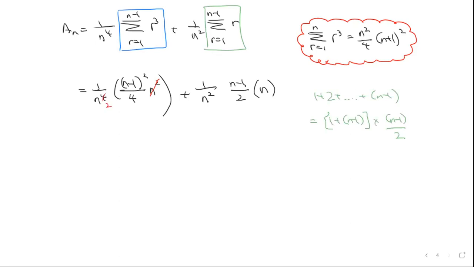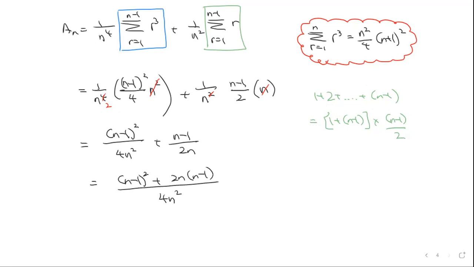Your n cancels with that. That means you're going to have n minus 1 all squared over 4n squared plus n minus 1 over 2n. And so we've got n minus 1 all squared plus 2n(n minus 1) all over 4n squared.